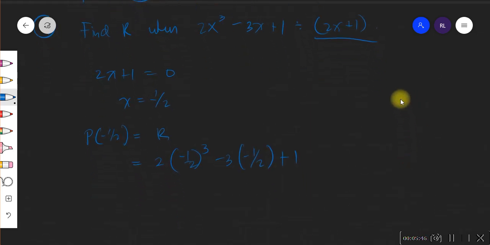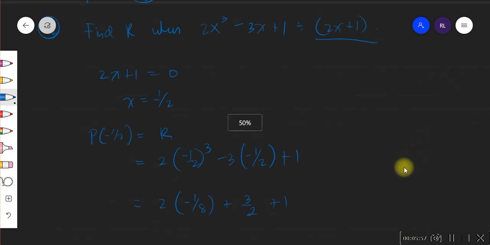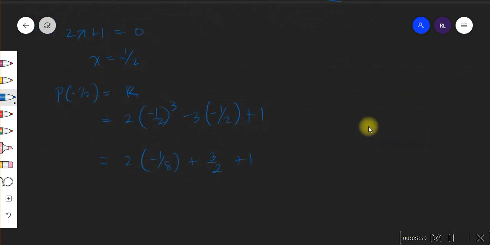You get negative 1 over 8 times 2, that is negative 1 over 4, plus 3 over 2 plus 1, which becomes negative 1 over 4 plus 2 and 1 half.